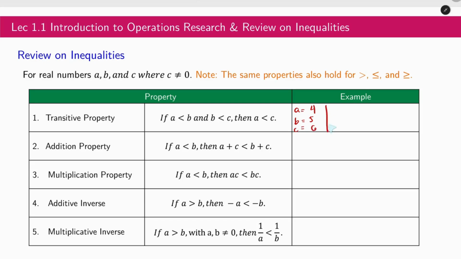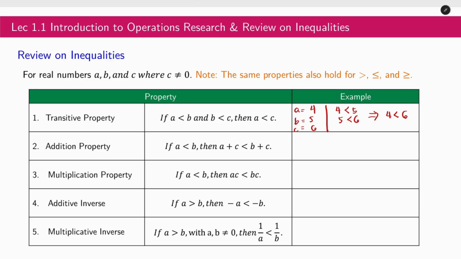According to the transitive property, it is true that 4 is less than 5, then 5 is less than 6, so this implies that 4 is less than 6. Number 2, addition property.